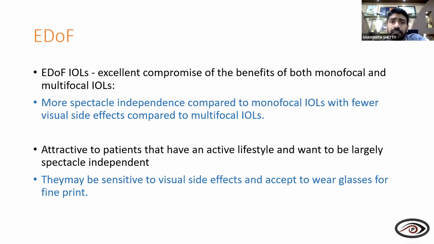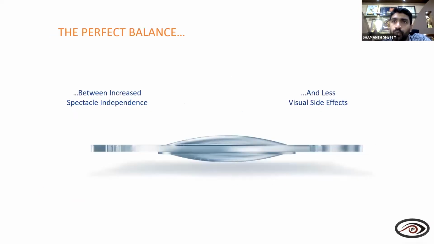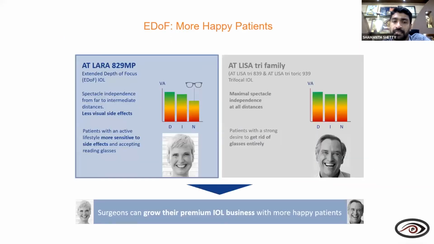There is better spectacle independence as compared to monofocal, with far fewer side effects as compared to the multifocal. So this is useful for patients who are sensitive to visual side effects but do want a balance between spectacle independence and visual side effects.